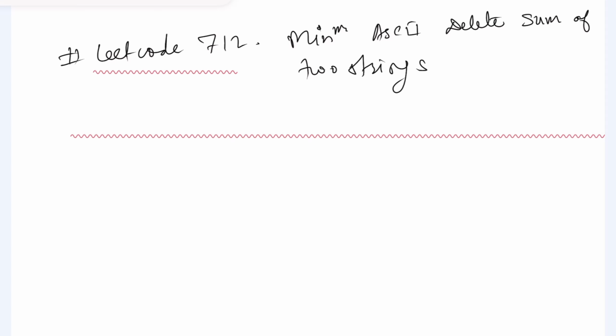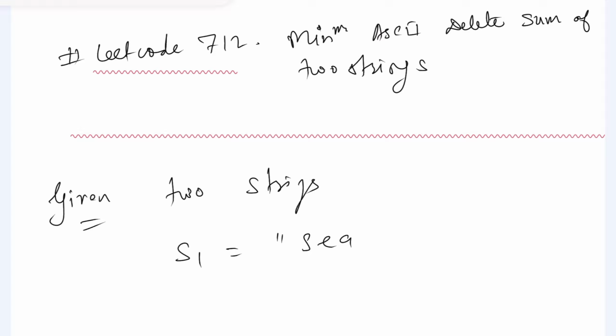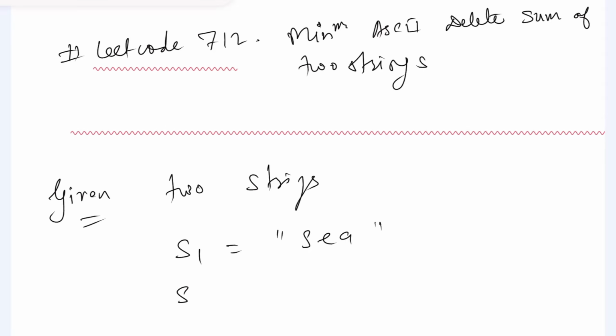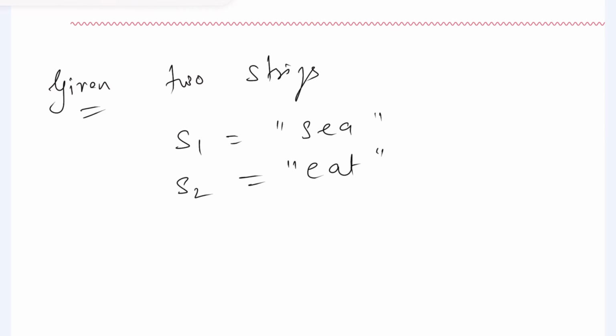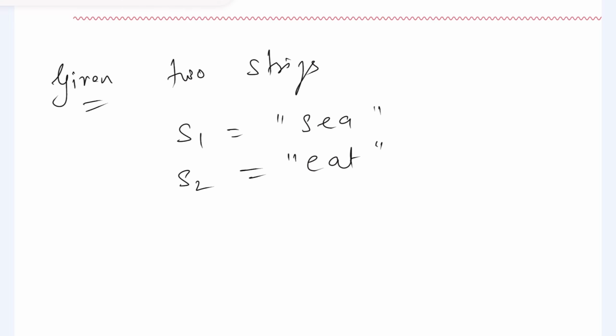Now think about what we have been given. We are given two strings. Very first, S1, let's suppose S1 is SEA, and the other string S2 is EAT.